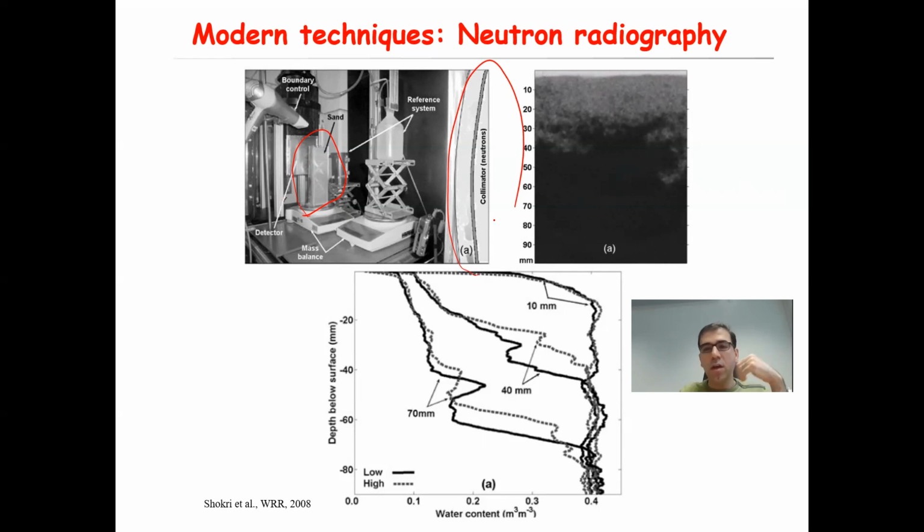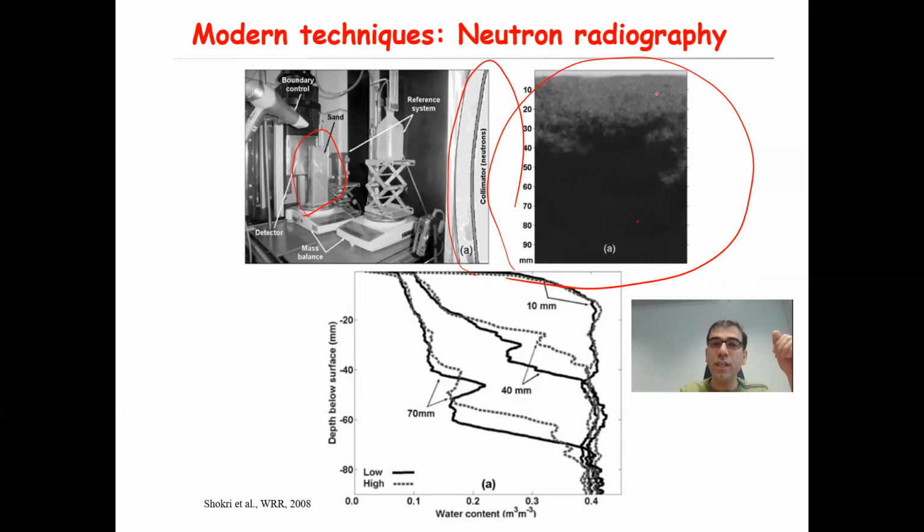Every few minutes, we recorded a picture of the drying sample, and this picture here is a typical output of the instrument. The very dark gray color here is the saturated phase, the region saturated with water, and the light gray is the unsaturated zone.